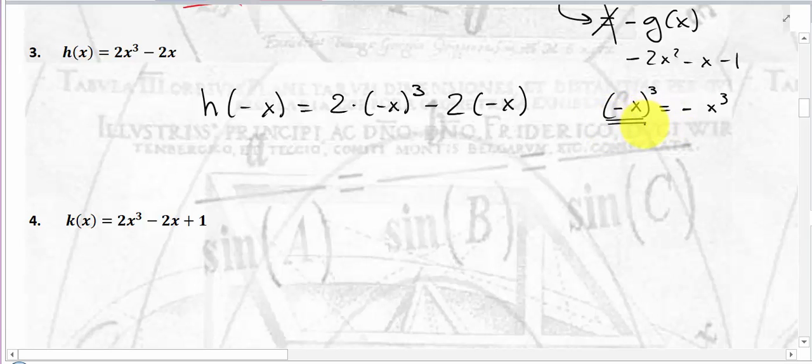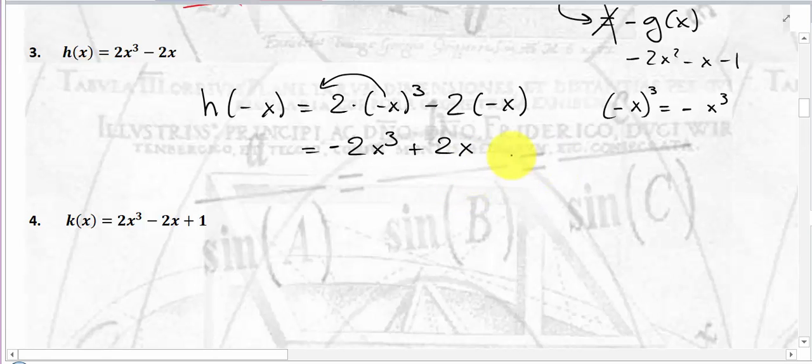The base right here is negative x. Negative x cubed means negative x times negative x times negative x, while here the base is x, and this means negative x times x times x. But they come out to be the same, okay? So it's going to spit the negative sign outside, negative 2x cubed, and then these two will turn into a plus 2x.